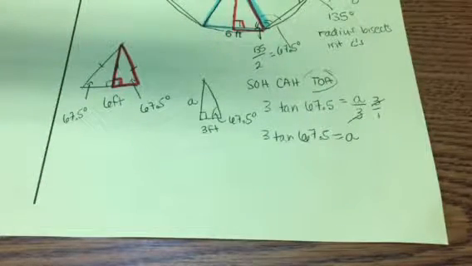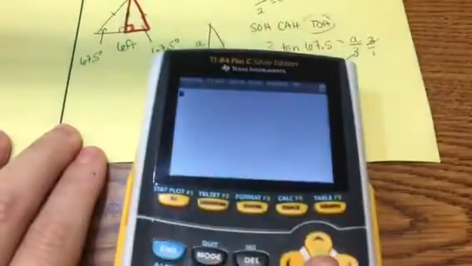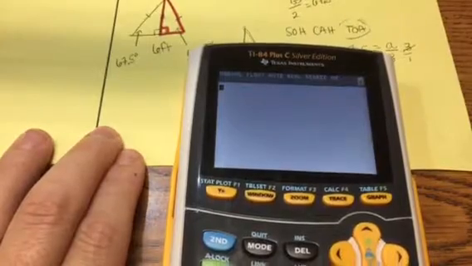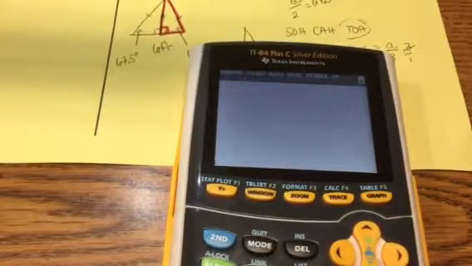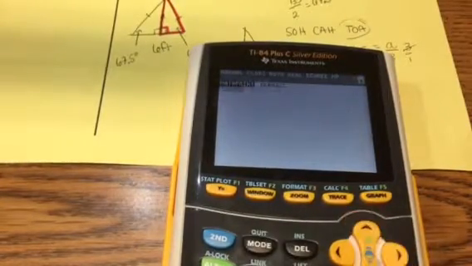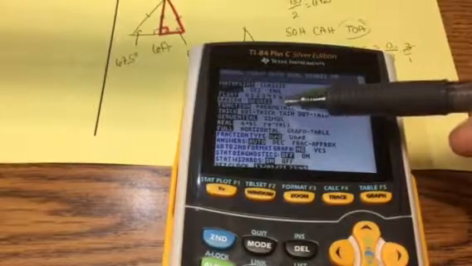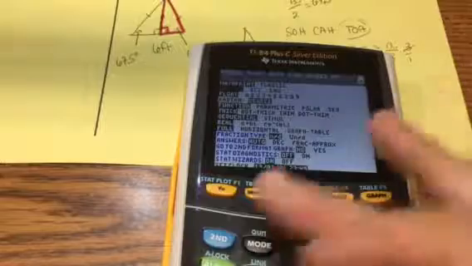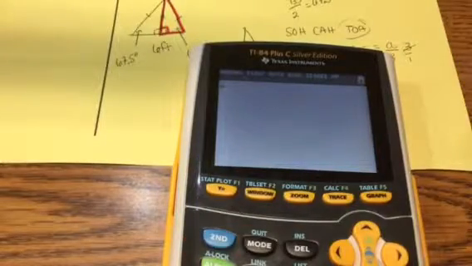All right, so let's plug that in our calculator and see what we get. We want to make sure we're in degrees. So if you go to mode, if you've reset the memory in your calculator since our trig unit, double check we're in degrees. And then you can go to second quit.